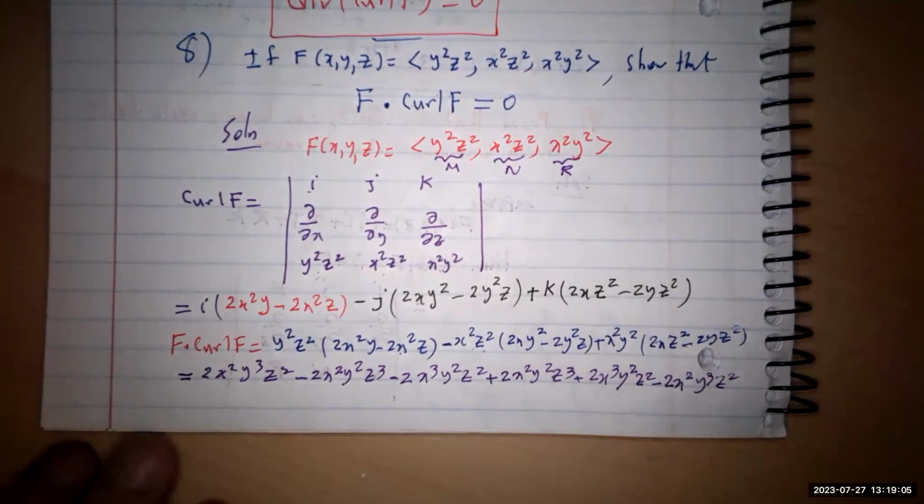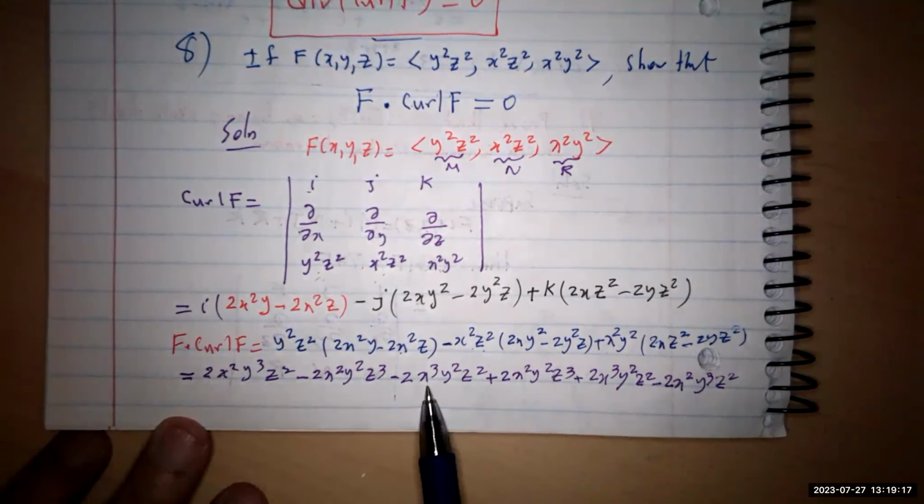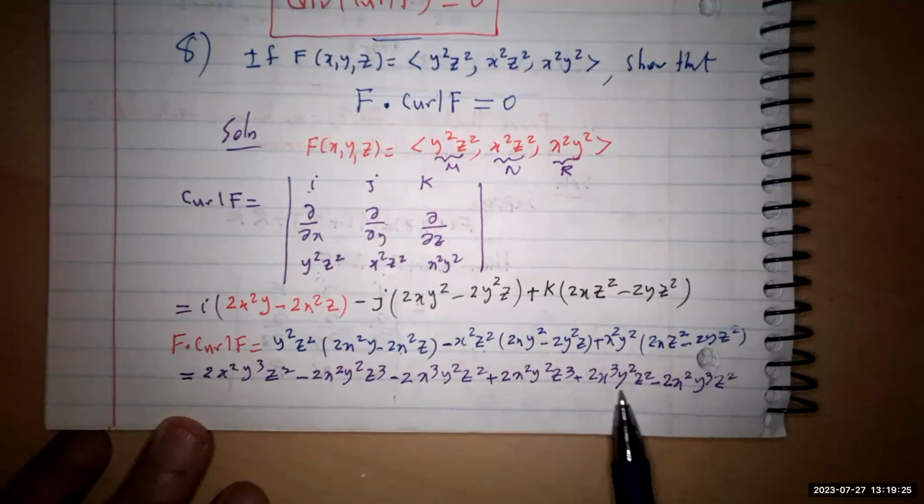Check to see if you haven't missed anything. So x squared y cubed z squared, that's the last part.